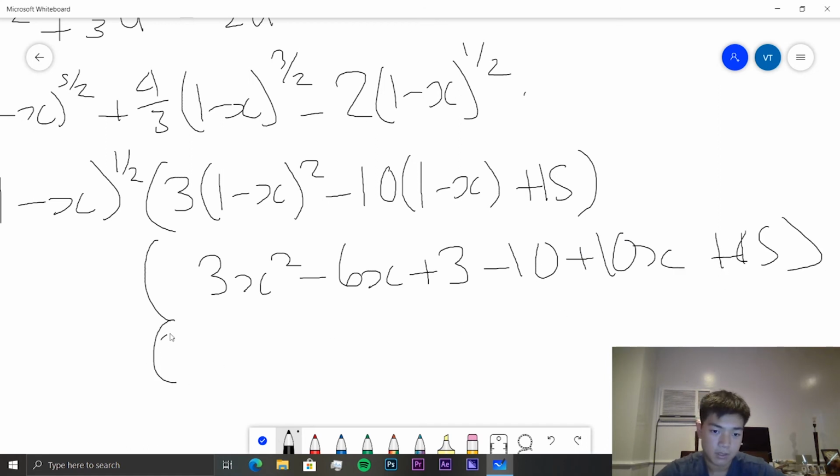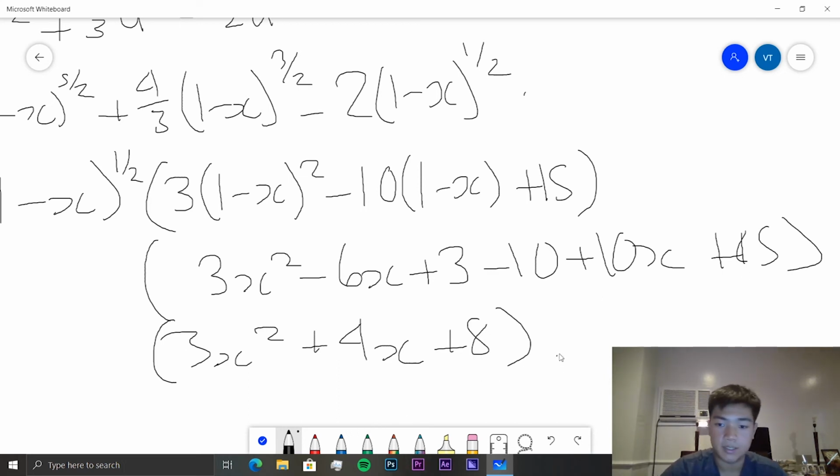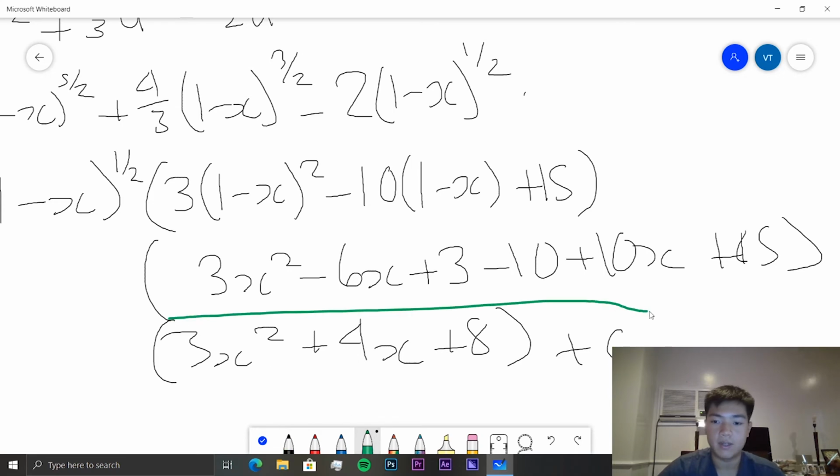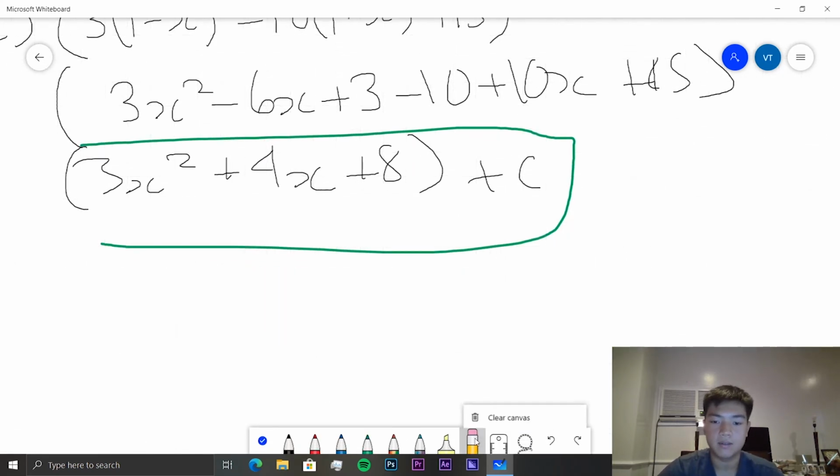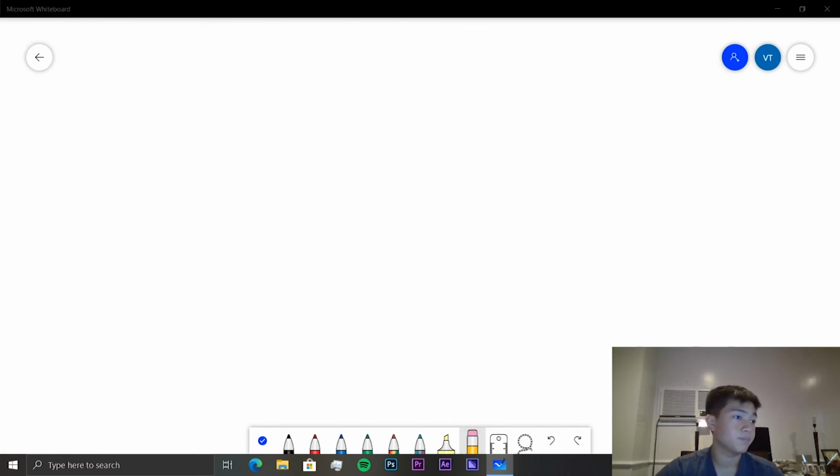So this is equal to 3x squared plus 4x, 3 minus 10 plus 15 is 8. Yes, okay, so it's the correct answer, plus C, of course. Never forget the plus C. Yep, so that's the correct answer. On to the next one.